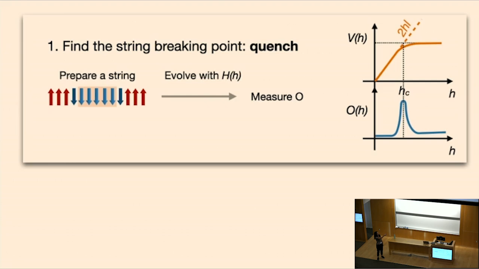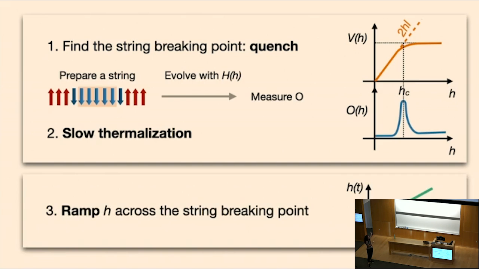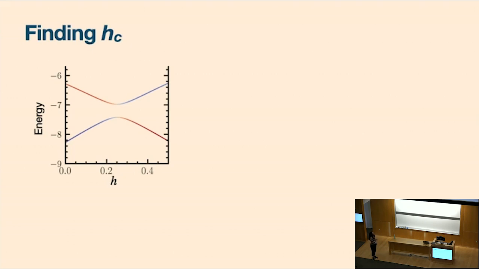And we will see that this observable as a function of this longitudinal field has a peak precisely at the string breaking point. And later I will show how we observe slow thermalization. And the second part of the talk, instead, I will talk about a ramp where we ramp H across the string breaking point.